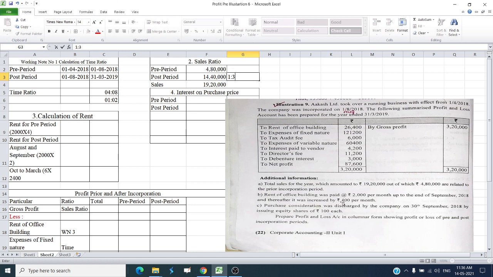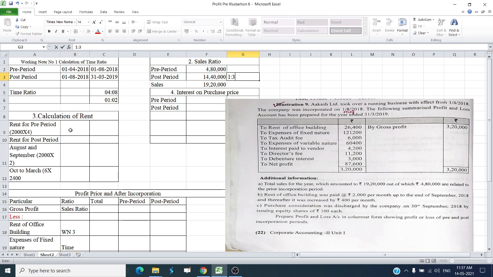This sentence says the rent of that building is 2000 per month up to September, and thereafter, from the month of October to March, it was increased by 400, means it was increased to 2400.